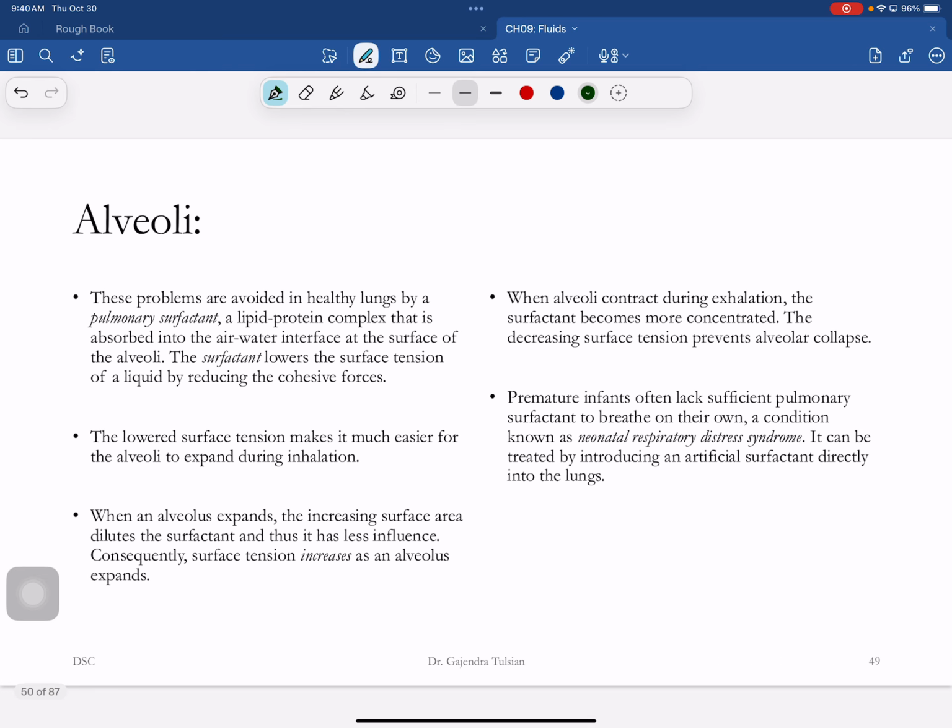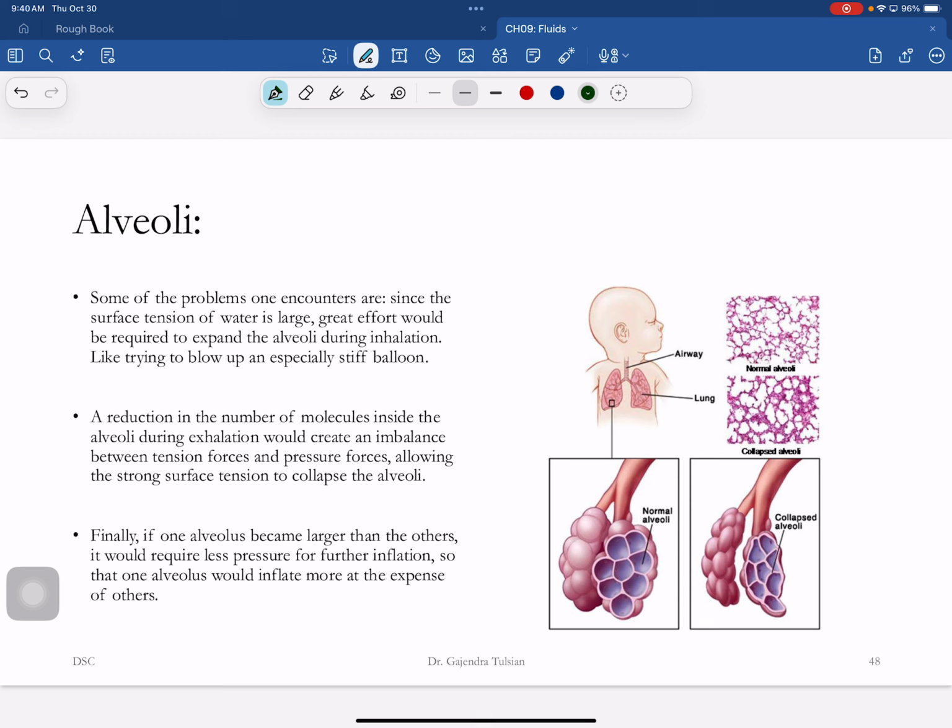And you can't have one alveolus being soft compared to other alveoli. If one alveolus becomes larger than another, it would require less pressure for further inflation.